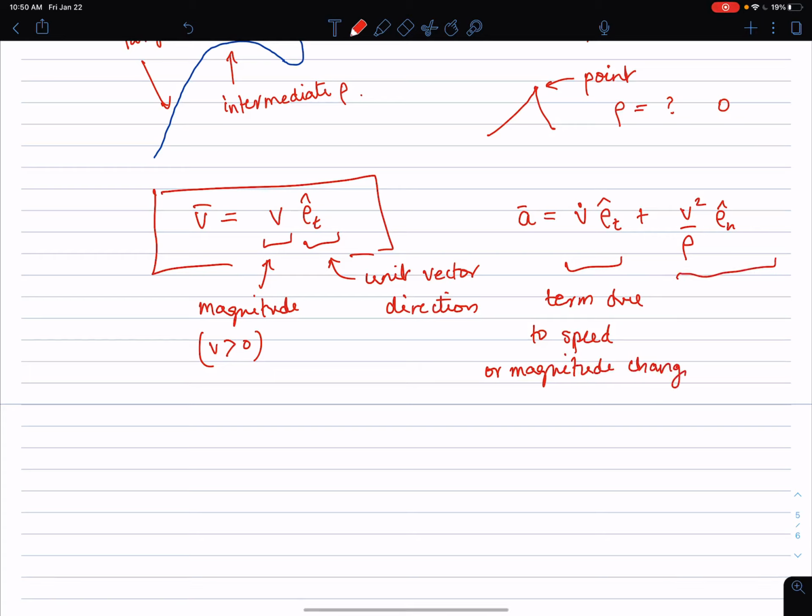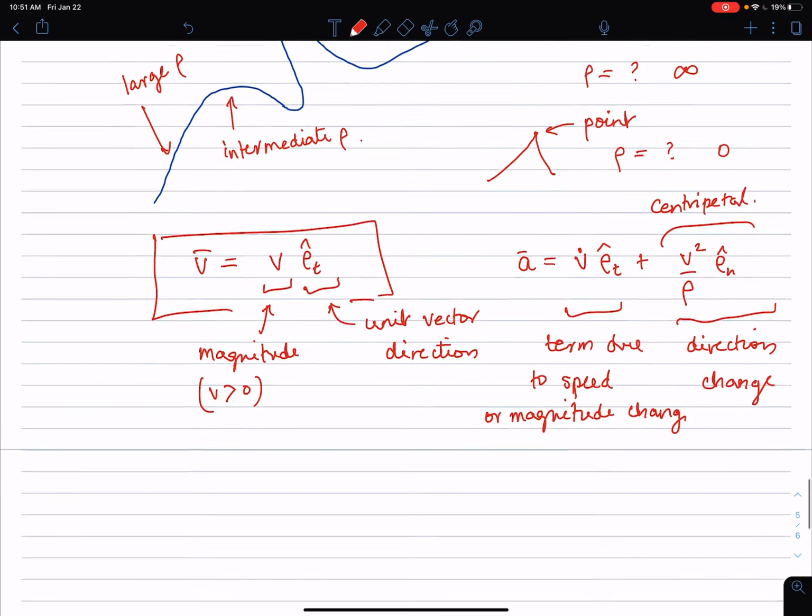And this is due to direction change. There's a term due to direction change, and it's basically called the centripetal term, centripetal acceleration.